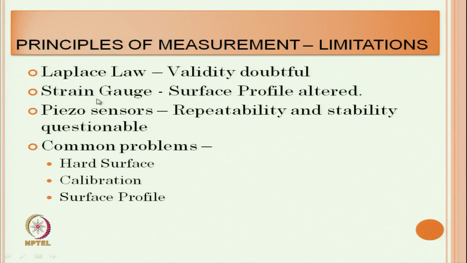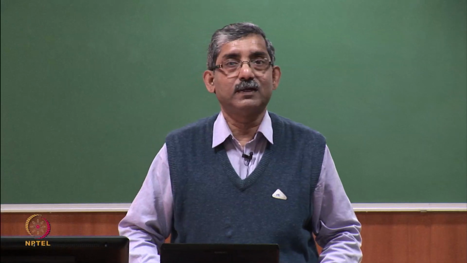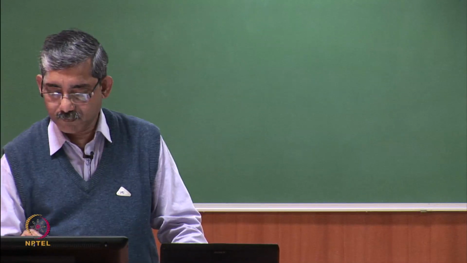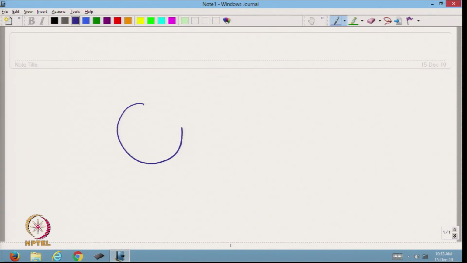Then the next principle is the strain gauge principle. The problem here is that the surface profile alters. Suppose this is the cross section of the limb, our leg, and we are trying to wrap the compression bandage.